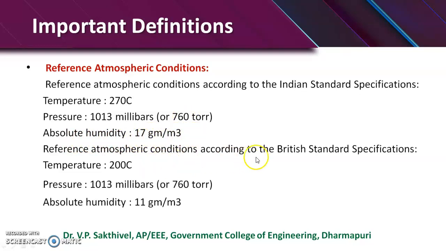According to the British standard, the temperature is 20 degrees centigrade and the pressure is the same 760 torr, whereas the allowable humidity is 11 gm per meter cube.